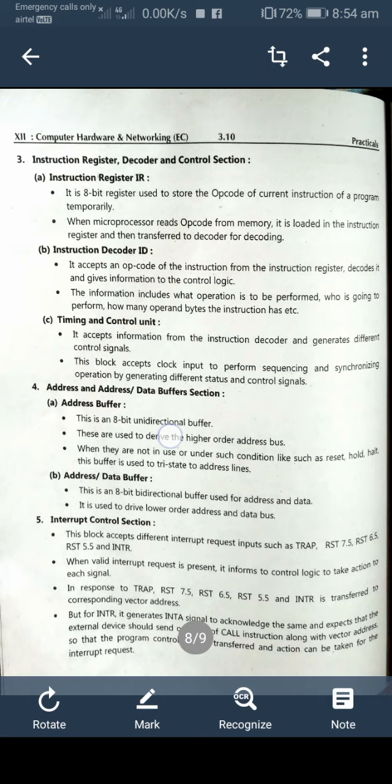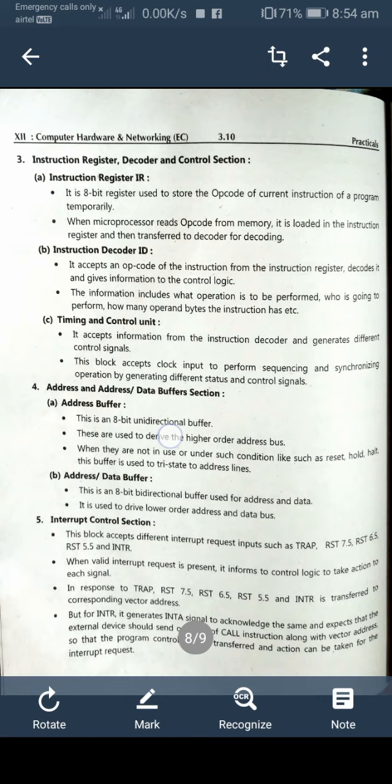But for INTR, it generates the INTA signal to acknowledge the same and expects that the external device should send the opcode of a call instruction along with the vector address so that the program control can be transferred and action can be taken for the interrupt request.